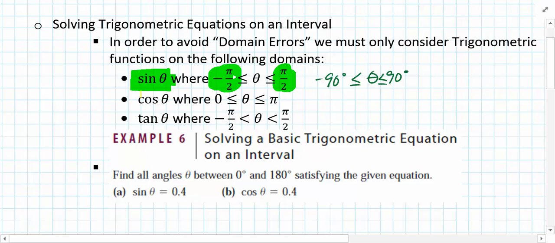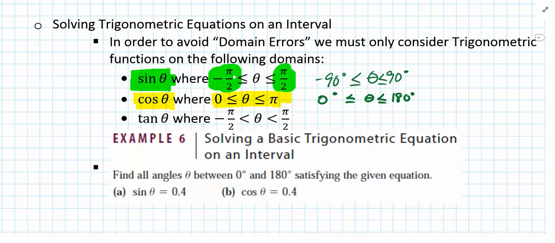So that's this example here. Cosine of theta will be calculated as long as our theta angle measurement is between 0 and pi in terms of radians, or between 0 degrees and 180 degrees.